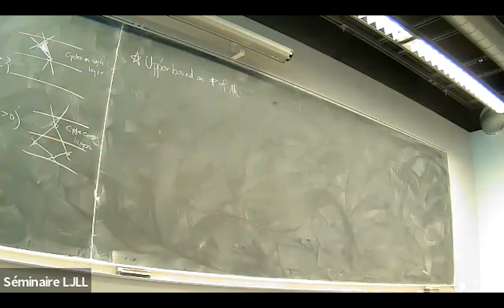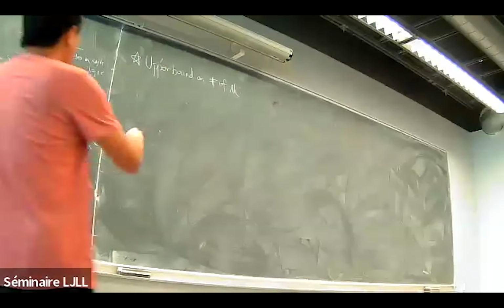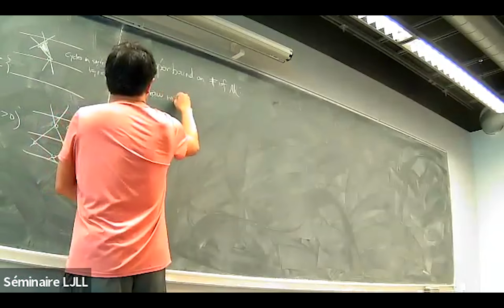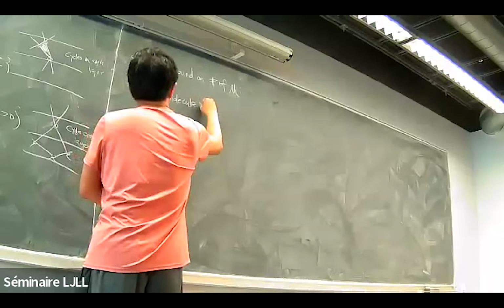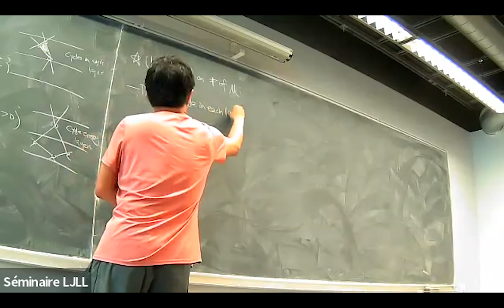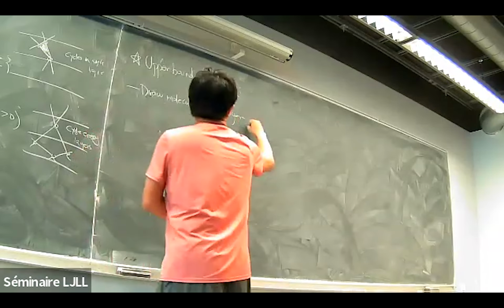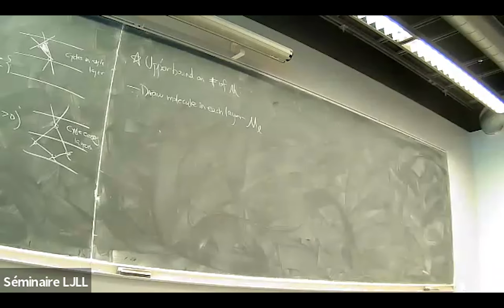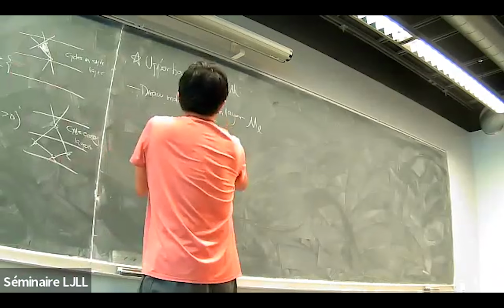So the idea is how to draw a molecule M. You first draw the molecule in each layer, and then you mash them together. Draw the molecule in each layer, M_L. And now since within each layer there are no recollisions, we have assumed by simplification that this guy is 0. Then each layer M_L is a forest.